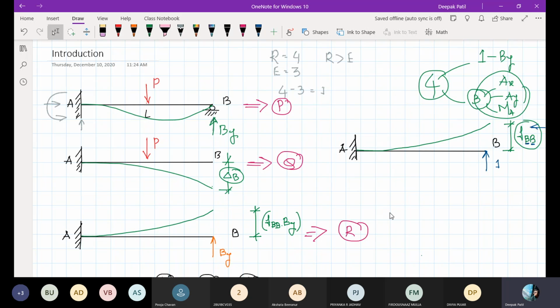These other three can be easily found by using equations of equilibrium. Is it clear now? Students, are you clear? Yes, sir. Any doubts in this?